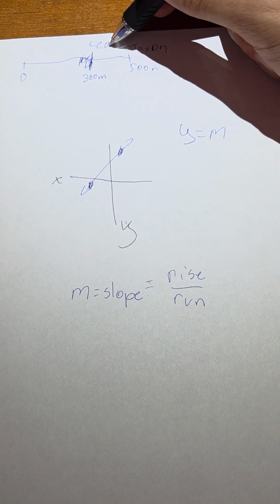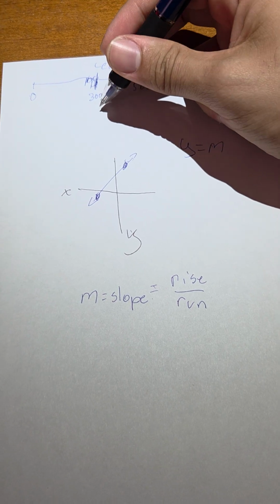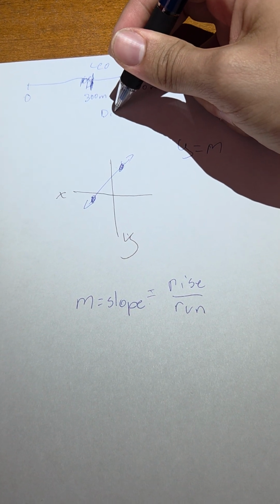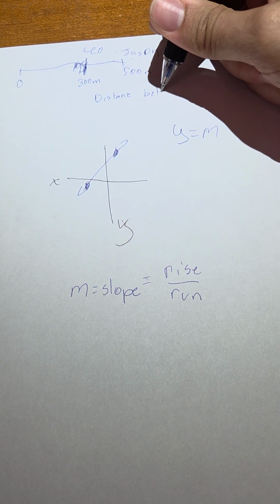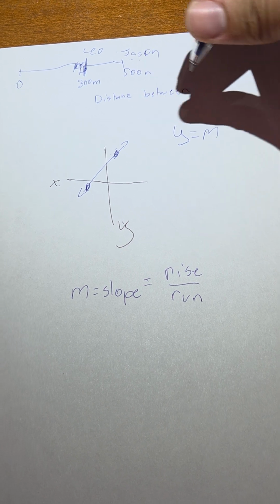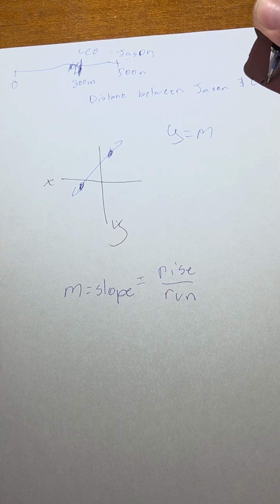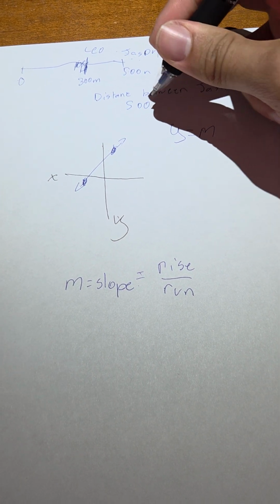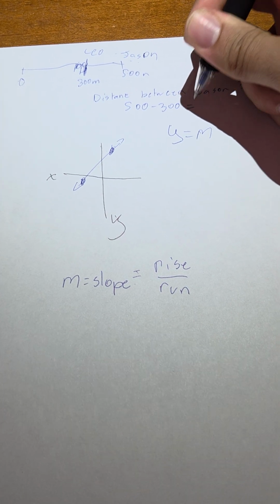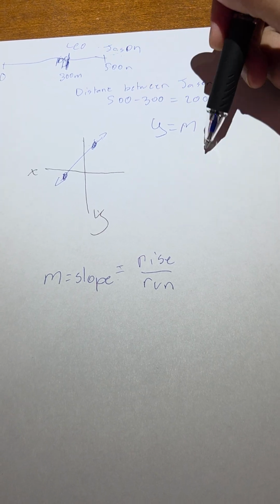If I ask you how far away is Jason from Leo, what is the distance between them? You just subtract 300 from 500, and that's how you get your 200 miles. So now you know that Jason is 200 miles away from Leo. That's how you calculate the slope.